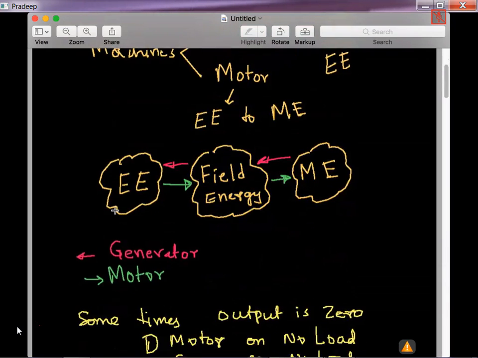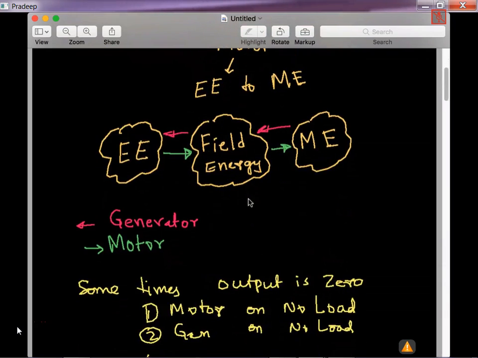In the energies, there are three types of energies. One is the electrical energy. In between there is a field energy. This is the electric field, or the magnetic field, and typically in all our machines we deal with the magnetic field. And finally this is the mechanical energy.